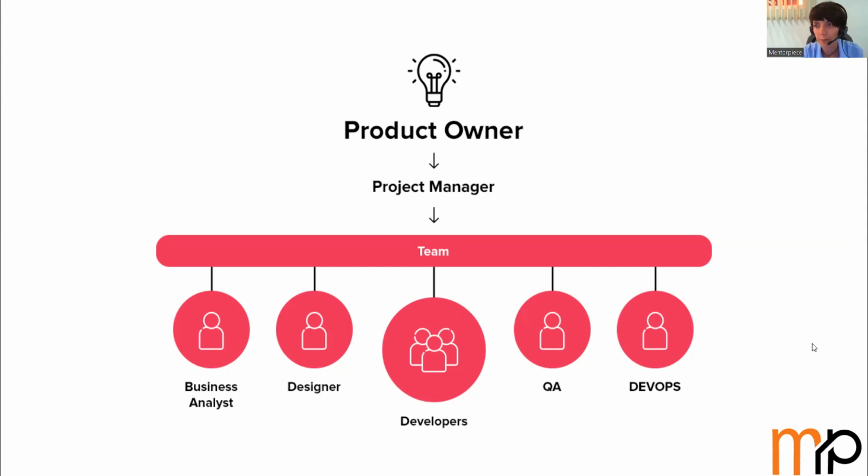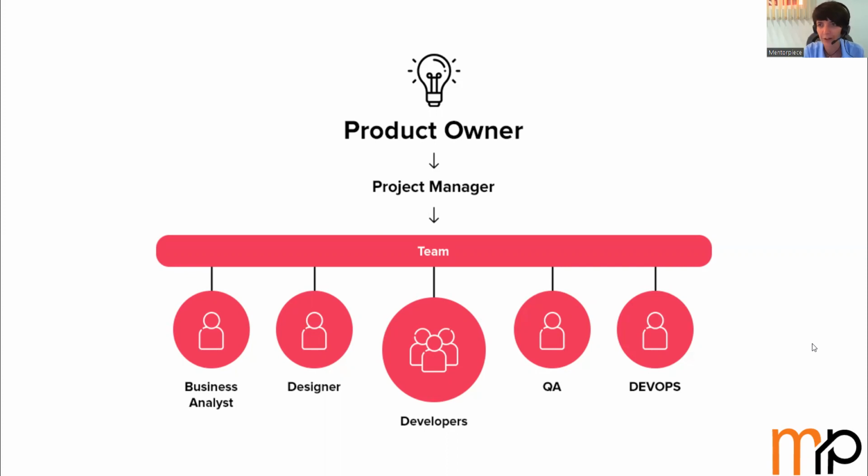You will have the project manager, who manages everything and thinks about a lot of things linked with the project. You have a development team. Just pay attention.